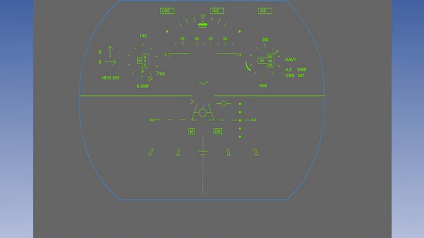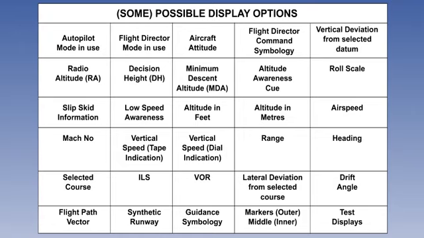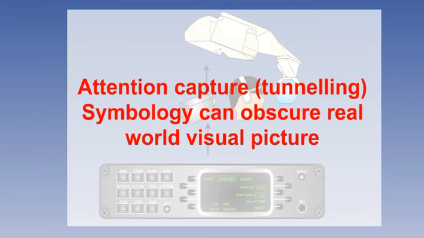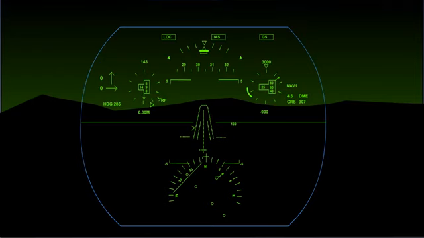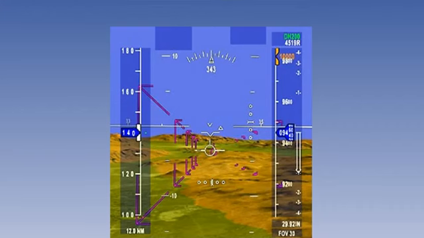We looked at various displays and some of their associated symbology, and concluded that basically just about any information generated within the aircraft can be displayed if the customer requires it. We mentioned 2 potential operating problems, and finally we looked at 2 promising emergent technologies, EVS and SVS. This concludes the lesson on the HUD.